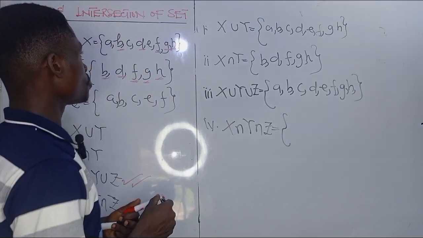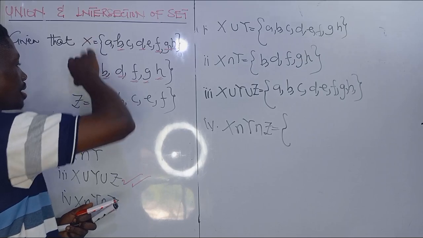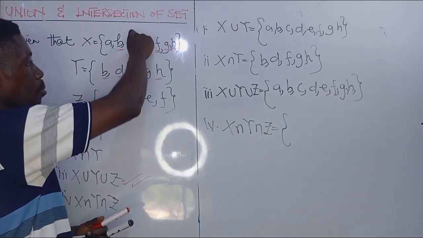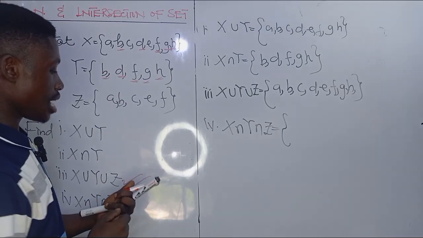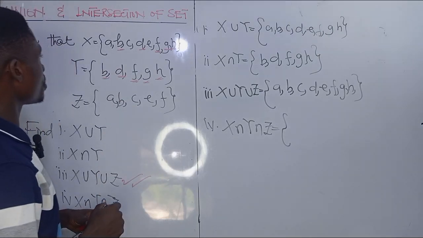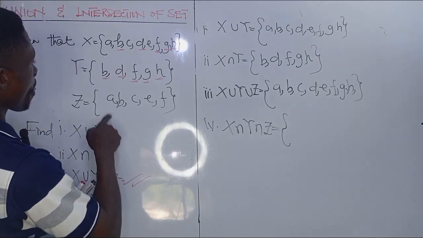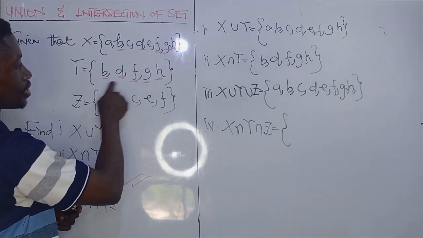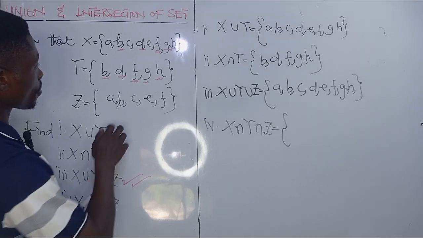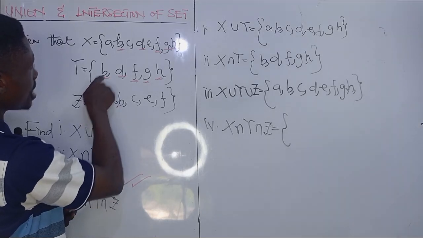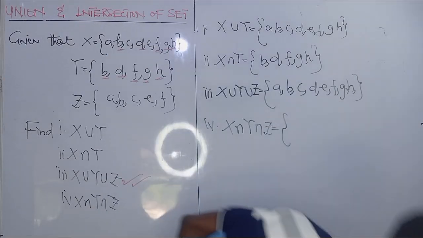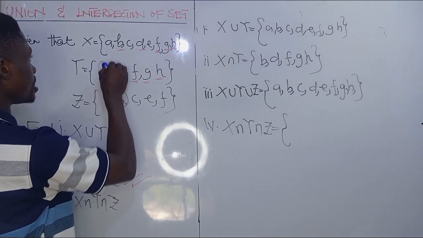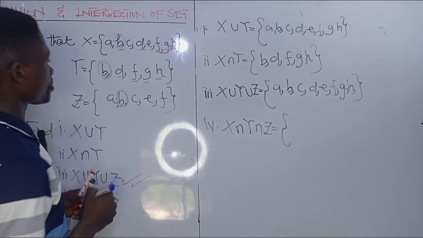So we are just going to look through set X, set Y, and then set Z to see if we have an element that is common to these three sets. We have A is not here, but A is here. So A is not part. We have B, and then B. Good.